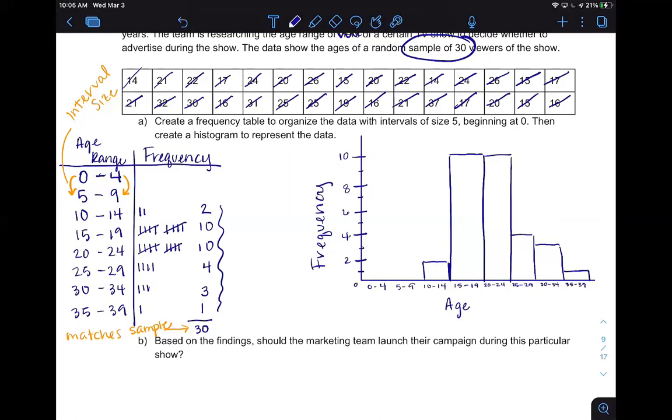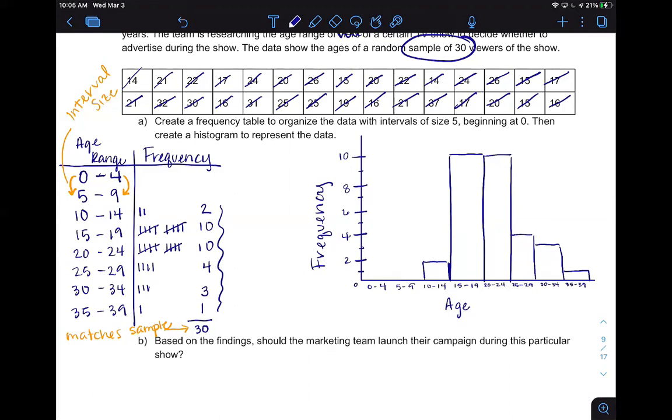So the thing about a histogram is your data is all grouped together. One thing that's nice about a dot plot is it's all individual. But here when we look at this graph, it's grouped. But now it's also easier sometimes to answer the question it's asking. Based on the findings, should the marketing team launch their campaign during this particular show?